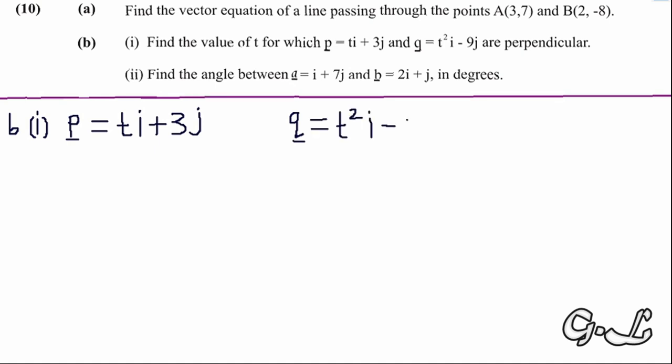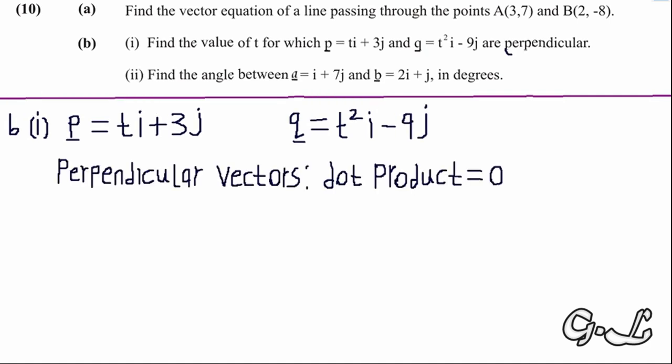So that is how it is. And as I was saying, for perpendicular vectors, you need to know that the dot product is equal to 0. The dot product of two perpendicular vectors is equal to 0. So in such a case, we are simply going to find the dot product.